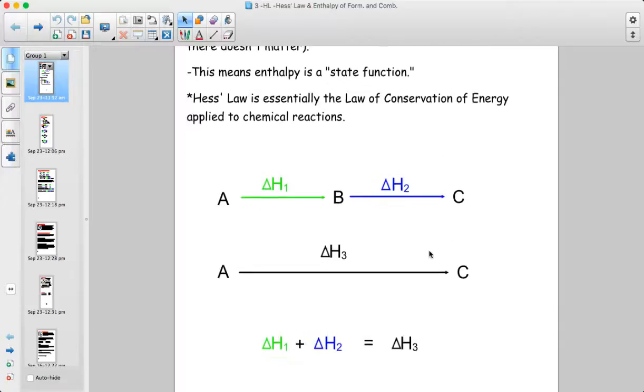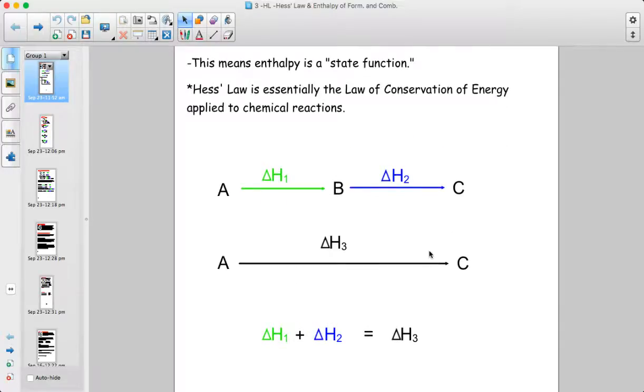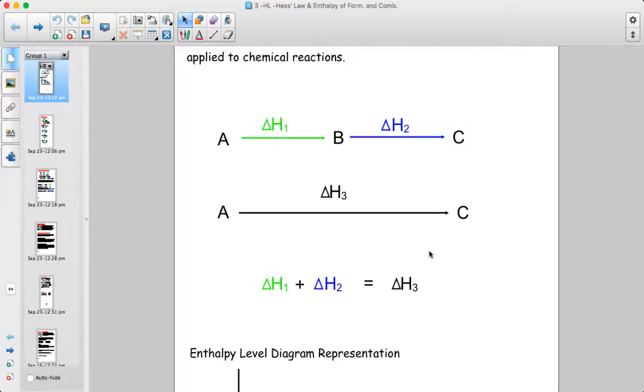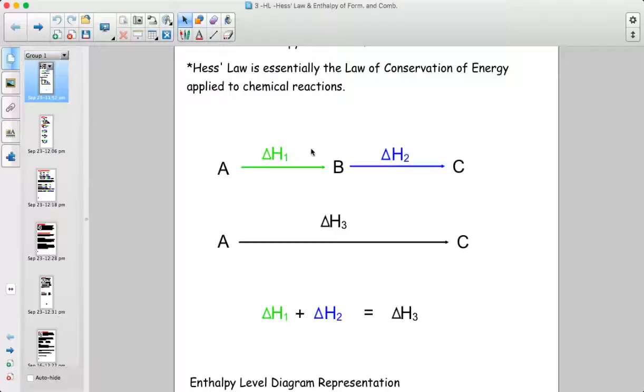So Hess's law is essentially the law of conservation of energy applied to these chemical reactions that we've been looking at. Another way to describe it is this: if you're going to convert A into B and then B into C, and those are two different chemical reactions, the first change will have a certain enthalpy change, and the second will have a different enthalpy change.